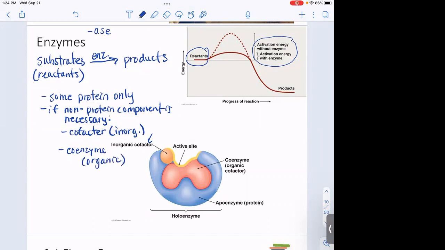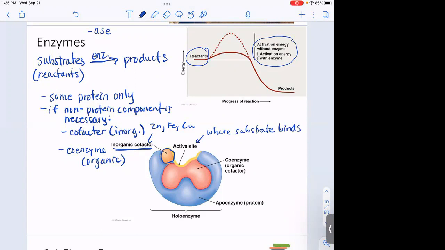An example of a cofactor: some enzymes need something like zinc or maybe iron or copper in order to make that active site of the enzyme be the right shape. Of course, the active site is where the substrate binds.